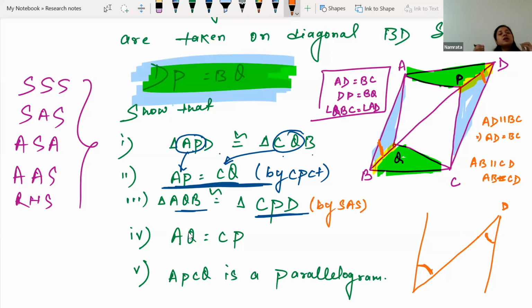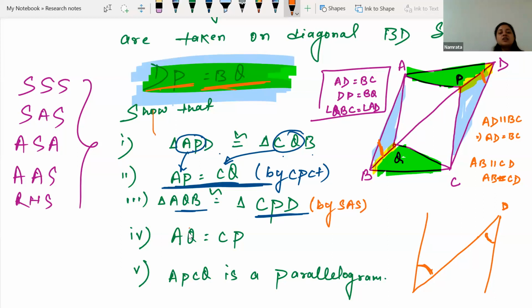By the parallel condition we have got a pair of alternate interior angles. And what else we have used? The given information, that is DP is equal to BQ. By taking all the information we realize that it is following the pattern of side angle side, and hence both the triangles are congruent with each other.